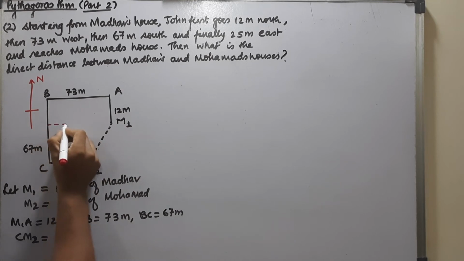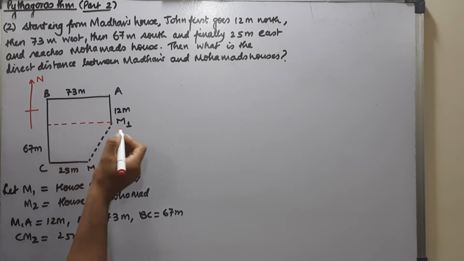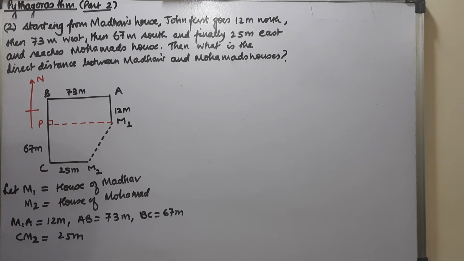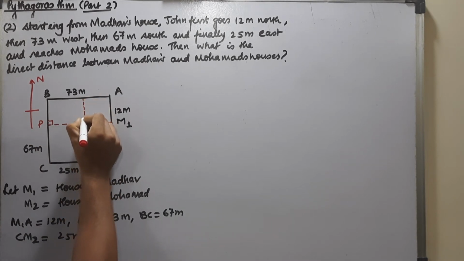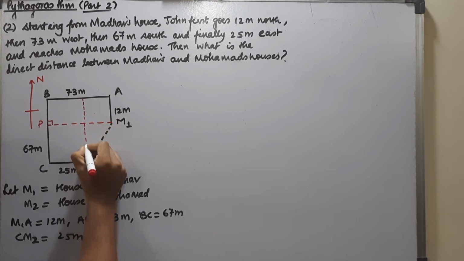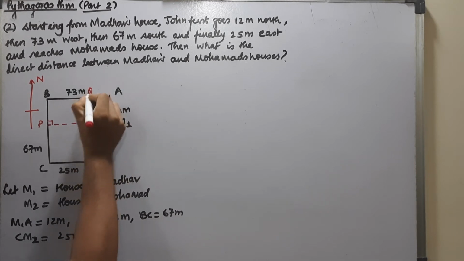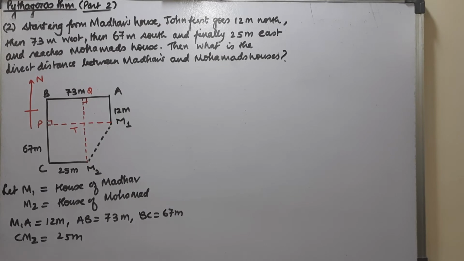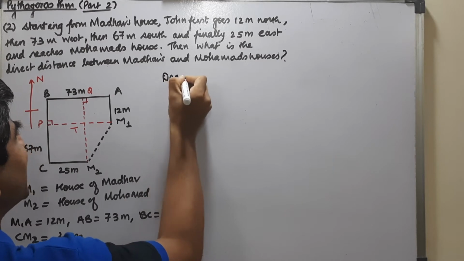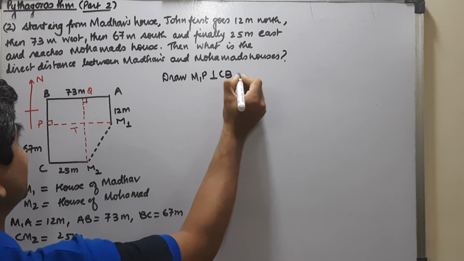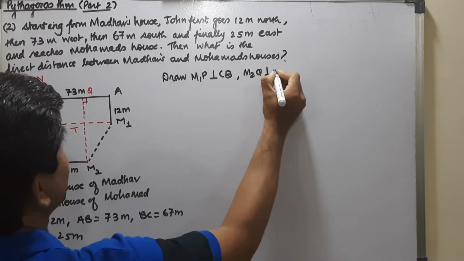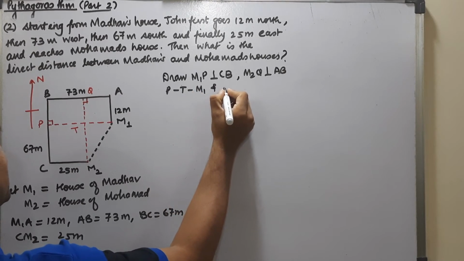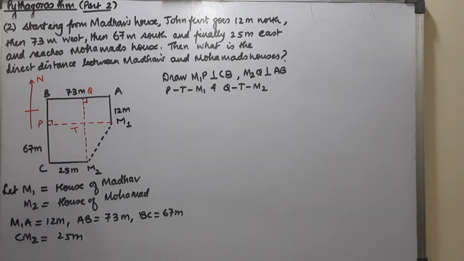So I draw a perpendicular from M1 onto this BC, and let it be named as P, and a perpendicular from M2 onto AB, and let it be termed as Q, and let the point of intersection be T. So what I have done is I have drawn M1P perpendicular to CB, then M2Q perpendicular to AB, and let them intersect at T. That is the point of intersection I have mentioned.